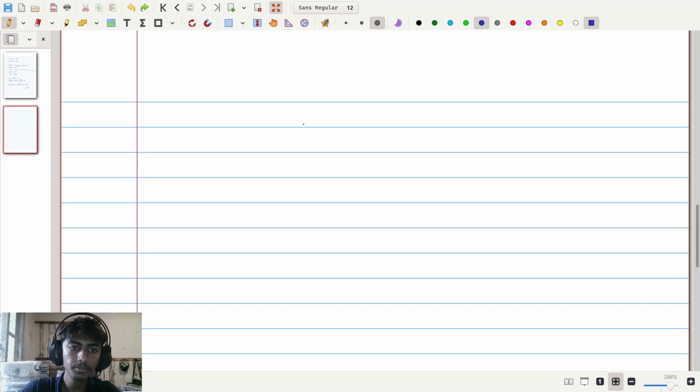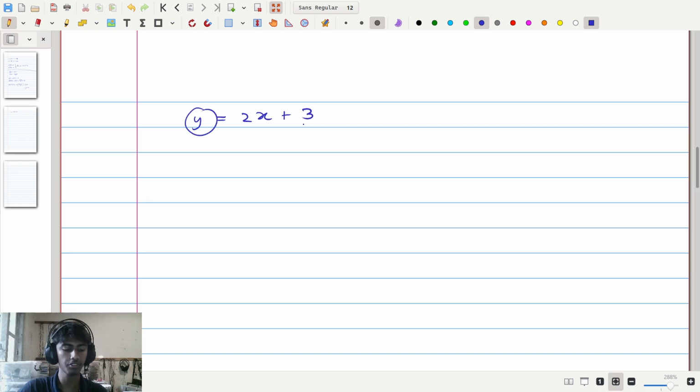Let's just take the one we just did. Instead of saying f(x) is 2x plus 3, I'll just say y is 2x plus 3. And now I'll try to find a formula for x in terms of y, which means I want x on the left, and I want something like x equals something containing y.